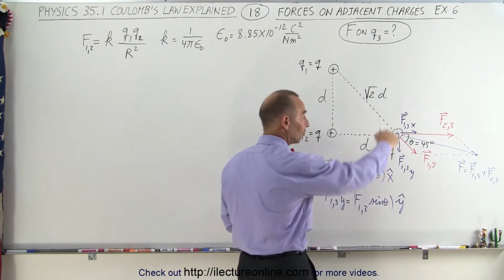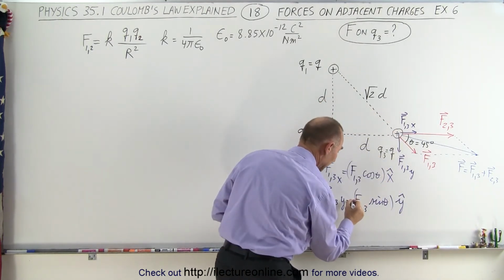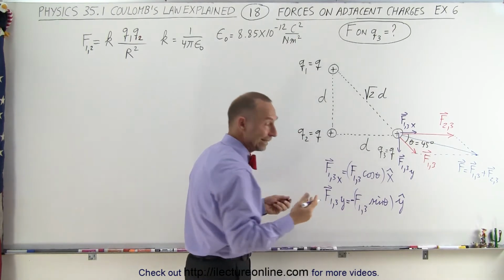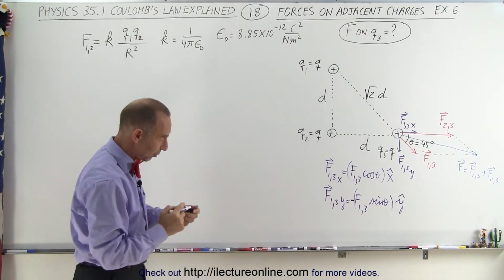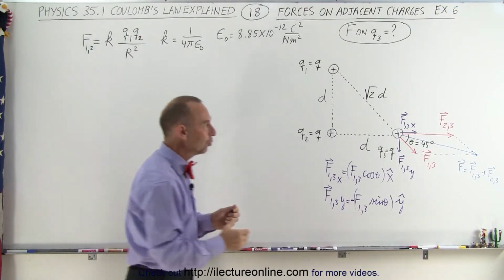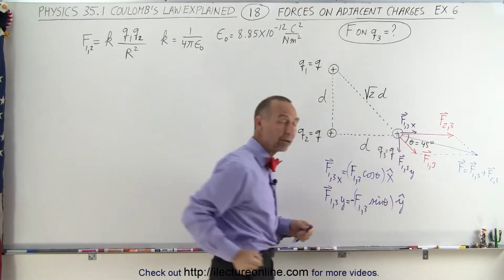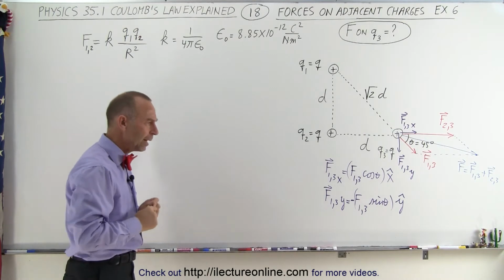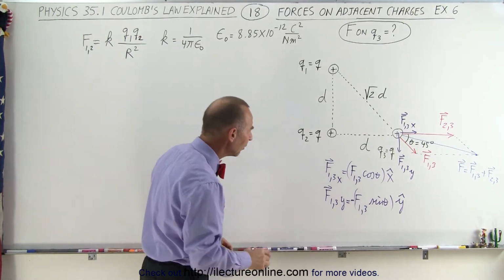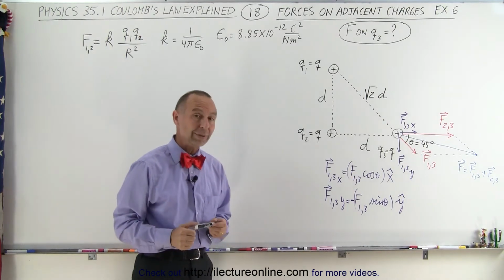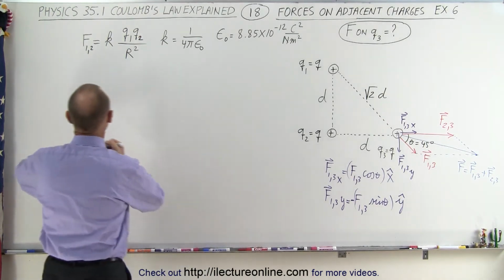But now notice, since it's pointing downward, we need a negative sign in front because it's a negative y direction. So those are the two components of F13, which will then add to F23 when we're ready to do the vector addition. Before we can do that, however, we're going to have to find the magnitudes of F13 and F23. So let's go ahead and do that.